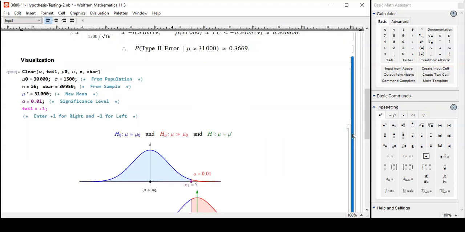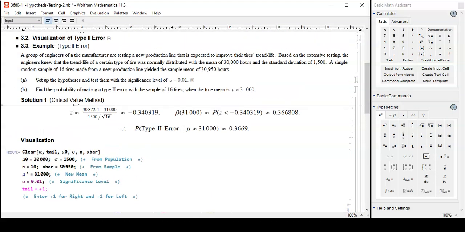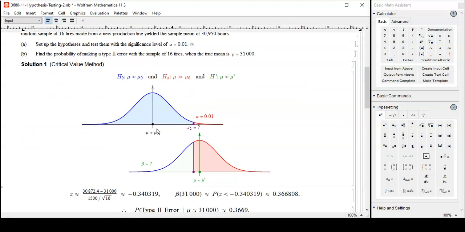The visualization is this double normal picture. The first is the same as before. Centered around the null, and then critical value, and then null region, which is 99%, and alternative region, 1%, because alpha is 1%. Critical value.